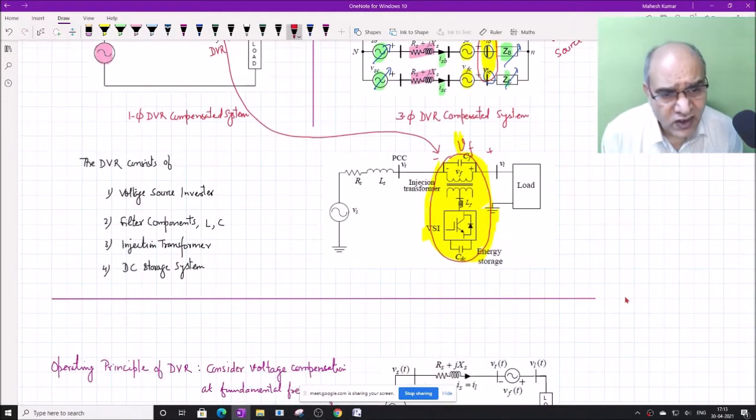So what does it consist of? It consists of a voltage source inverter. Here, this is the voltage source inverter, VSI, which is supported by a DC link voltage. So this is the DC storage system, this is the DC link.